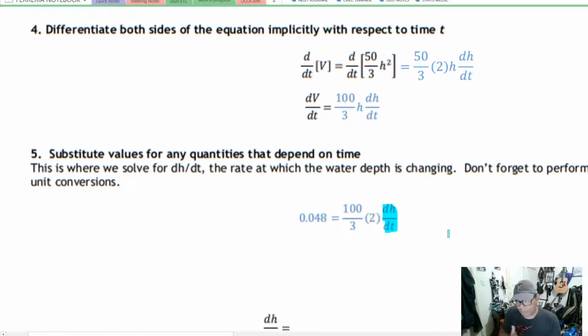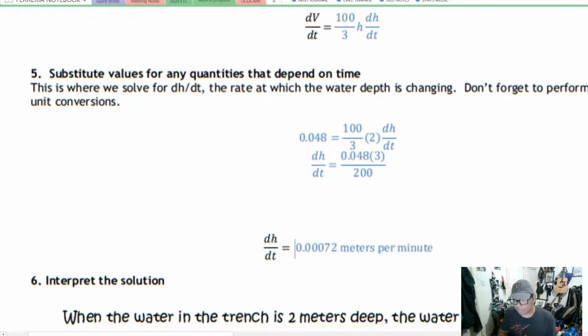Now look at this equation because it's so easy now just to solve for dh/dt. dh/dt is 0.048 multiplied by 3 divided by 200. And that gives us a dh/dt of 0.00072 meters per minute. So basically that water in that 20-meter long trench, the water level is going up very, very slowly.